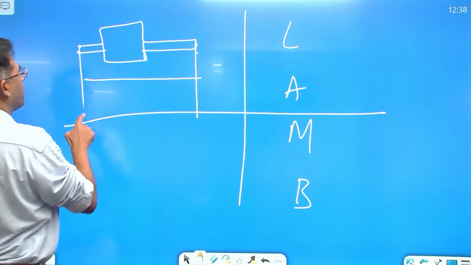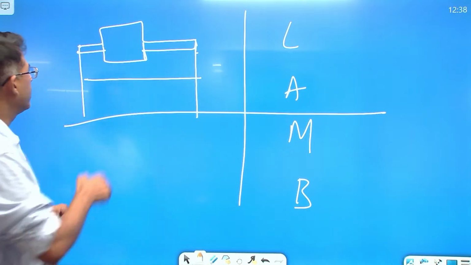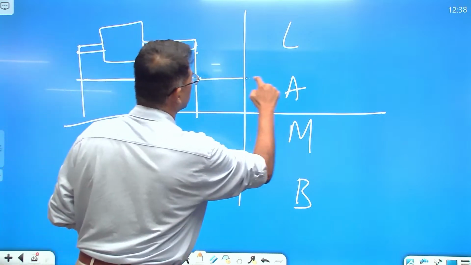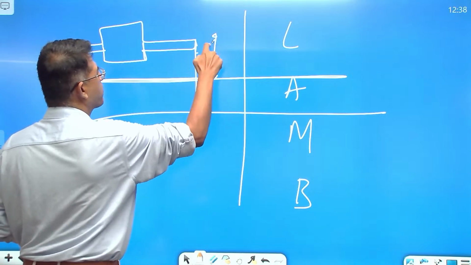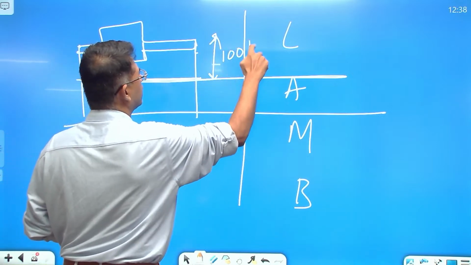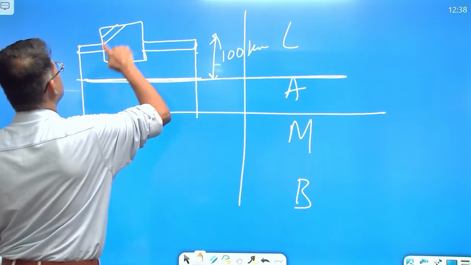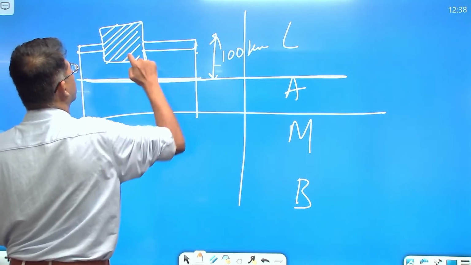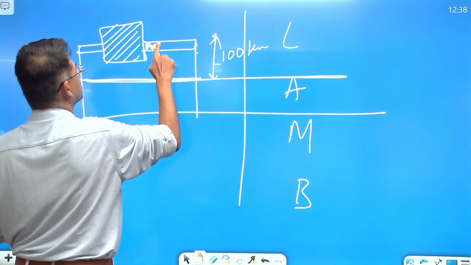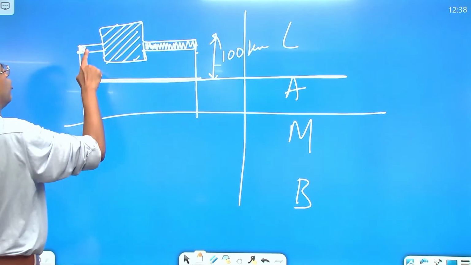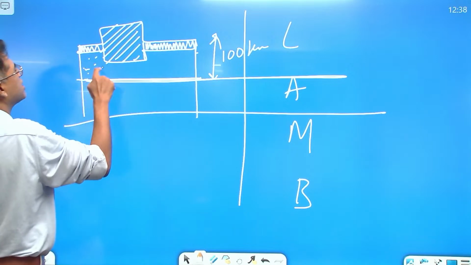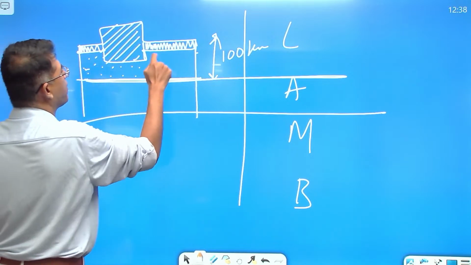This whole thing is the lithospheric layer up to a depth of approximately 100 kilometers. So this is the continental crust, this is the oceanic crust, this also is the oceanic crust, this is the upper part of the upper mantle.